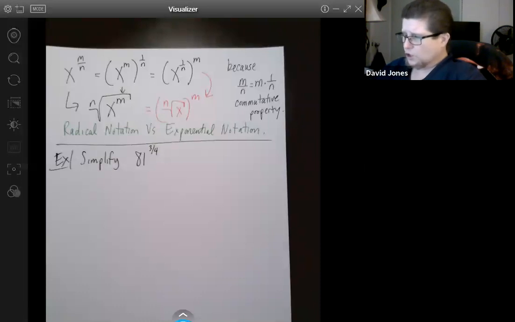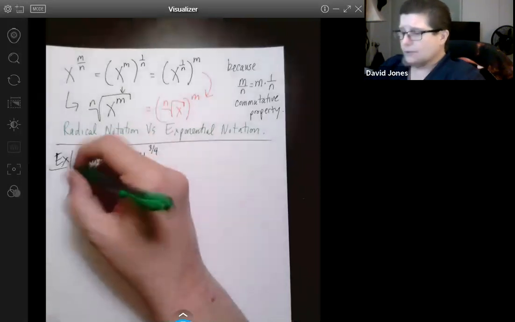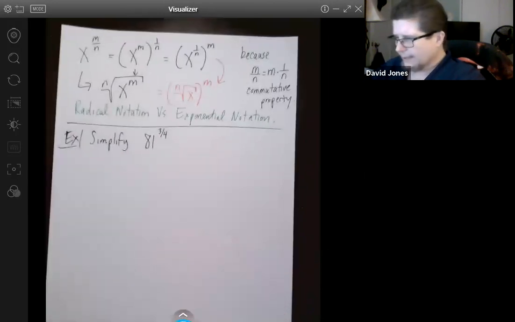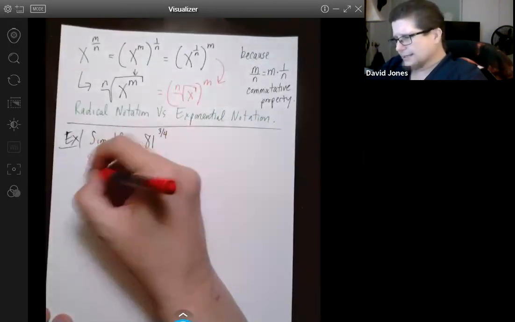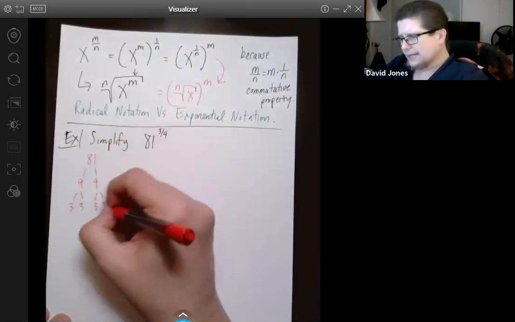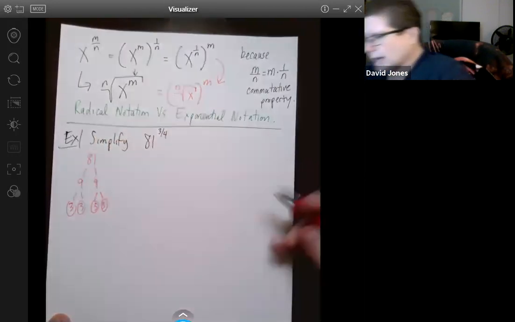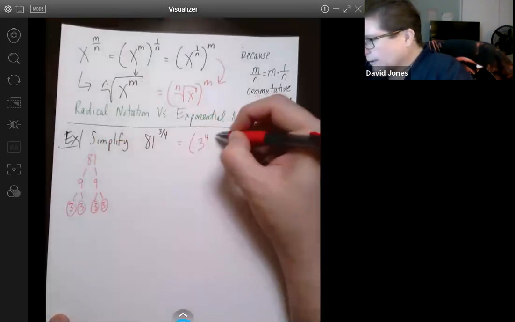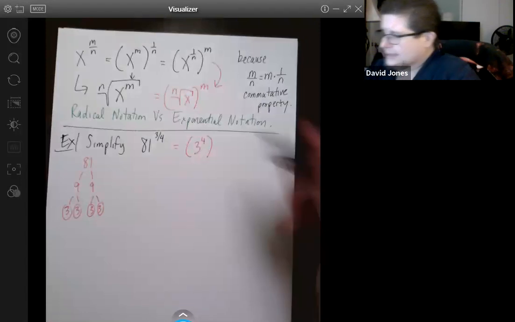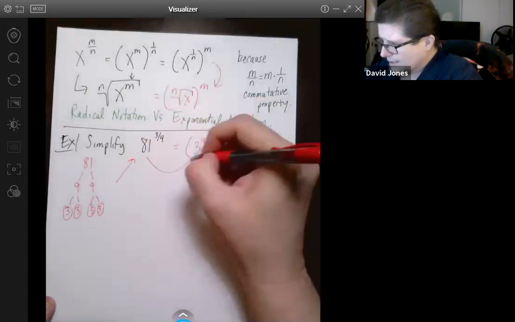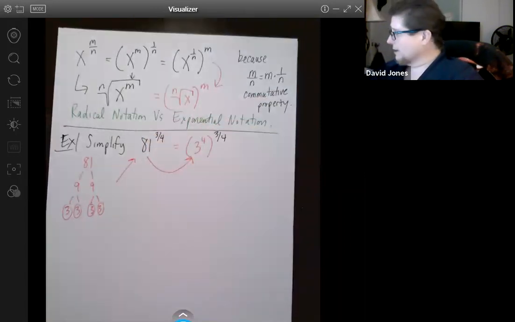I think it might help to look at what 81 is. 81 is 9 times 9, and 9 is 3 times 3, and 3s are primes, and I've got four 3s, so 81 is 3 to the 4th power. And I still have my 3/4 on the outside. So that's all I'm doing right there, rewriting 81 as 3 to the 4th power.